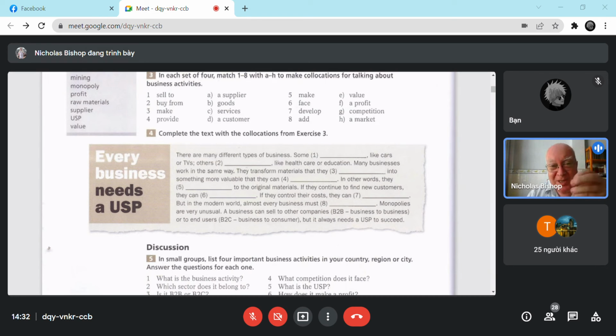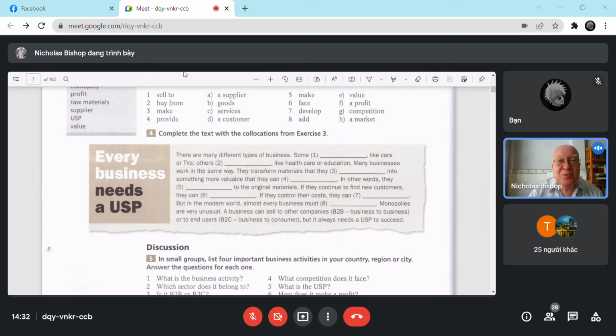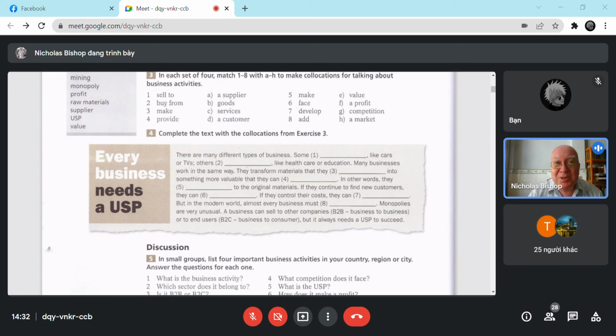So the first sentence is already as it is: there are many different types of business. Maybe somebody can read the next clause, where there is a semicolon. Anybody want to read that clause and put the first collocation in the space?